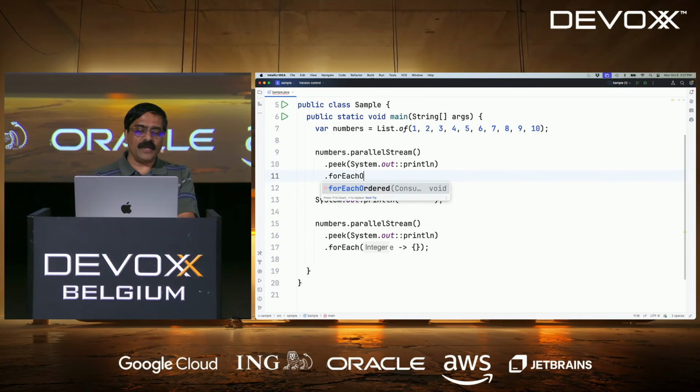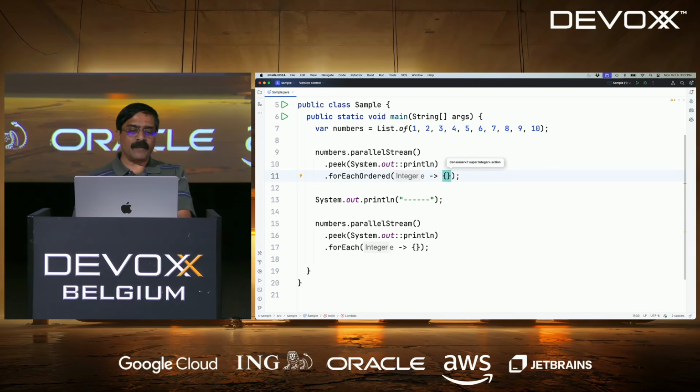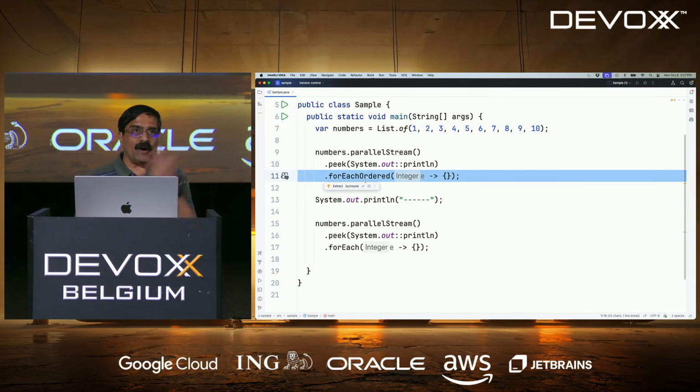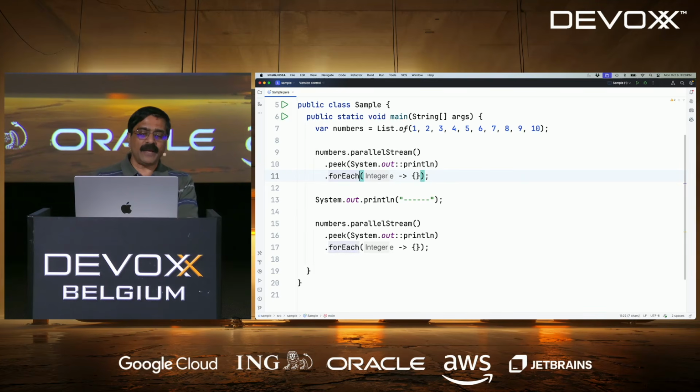So you can use the forEachOrdered. So this will give you ordering even in the case of a parallel stream. Just like a forEachOrdered, I want a peekOrdered, right? That's what I want to do, is a peekOrdered.